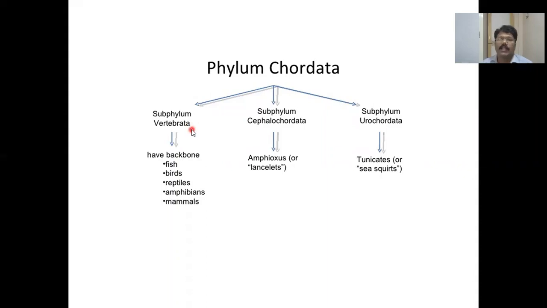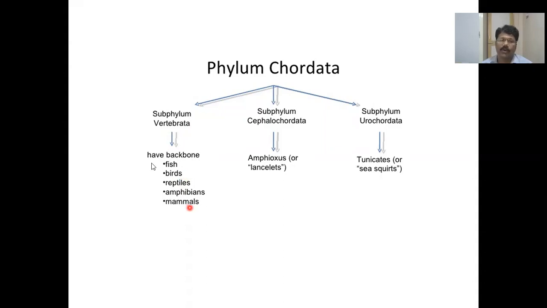Craniata means the brain is enclosed by cranium or a bony structure, and this is also known as craniata. Vertebrata means the notochord is replaced by the vertebral column, and vertebral column means the backbone. These include the fishes, amphibians, reptiles, the birds, and the mammals.